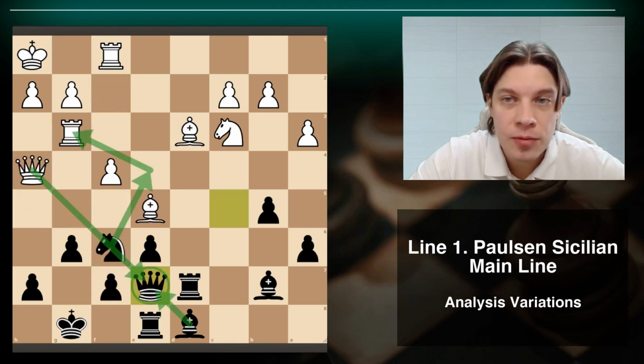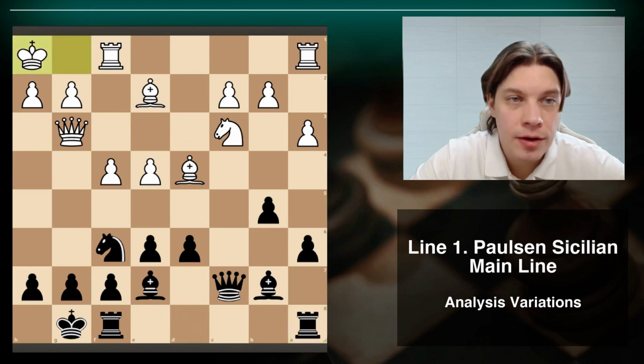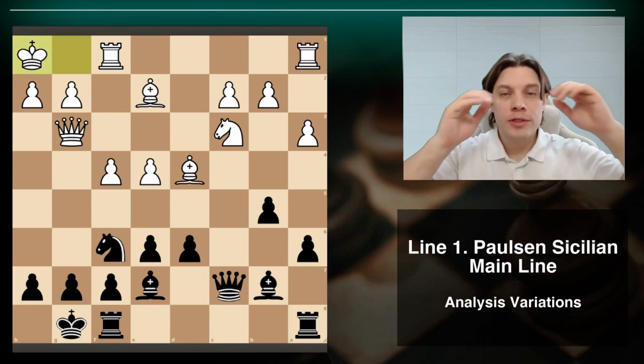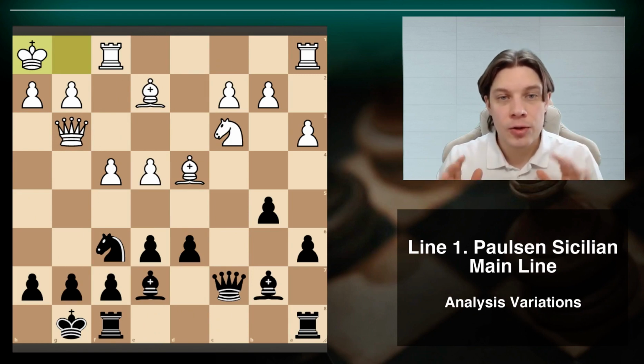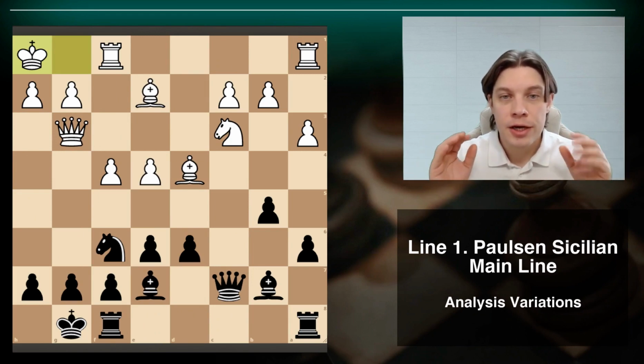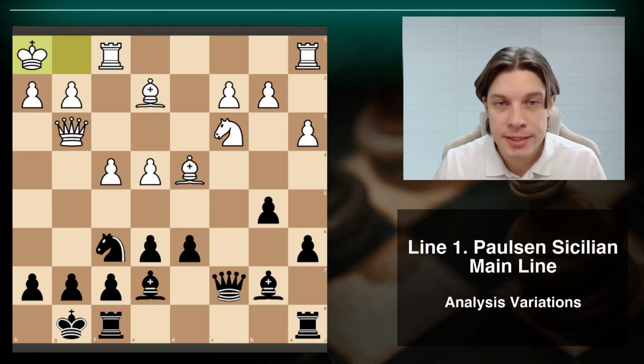So at least from this video you learned how to successfully defend your position, and that your position has already a huge defensive potential. There are not so many prospects for white kingside attack.